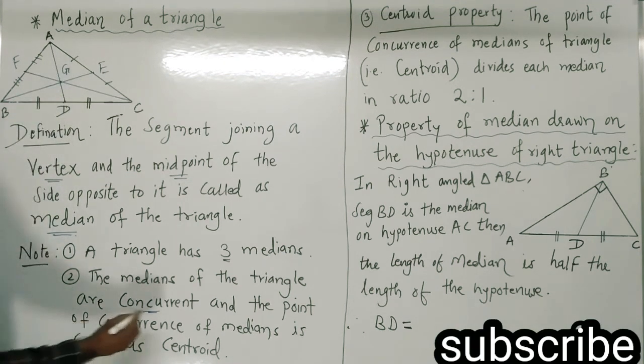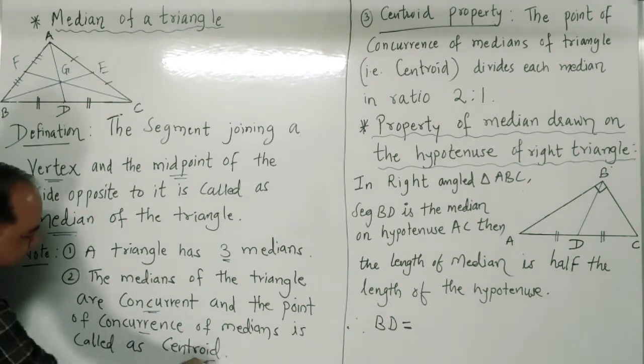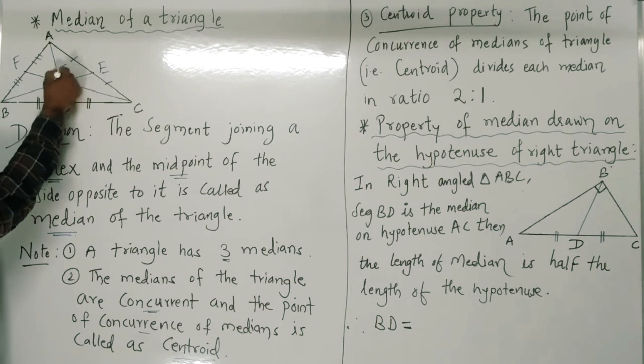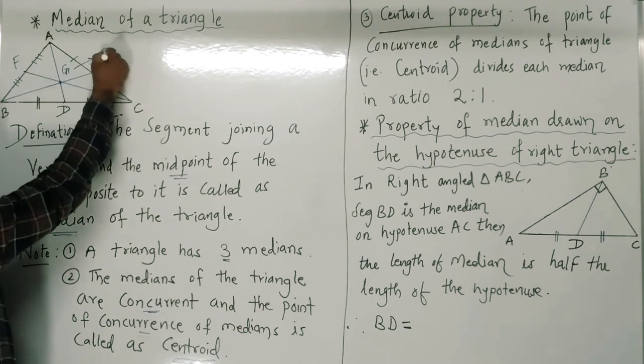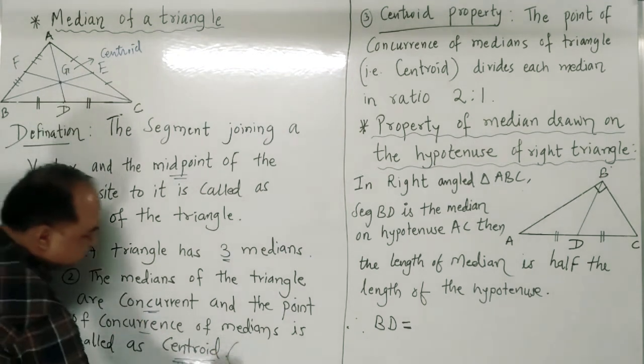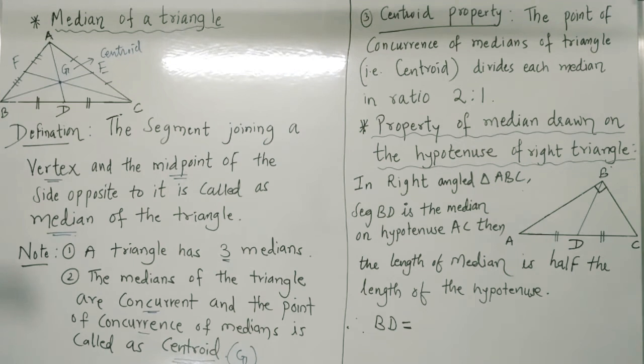The point of concurrence, the point of intersection of all three medians, is called the centroid. So G is the centroid of triangle ABC.